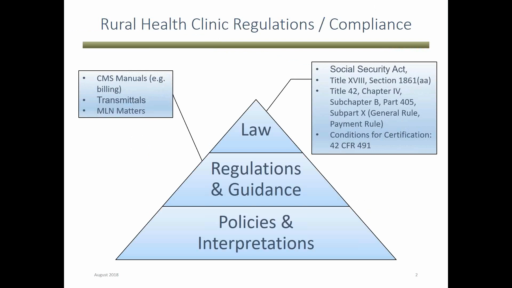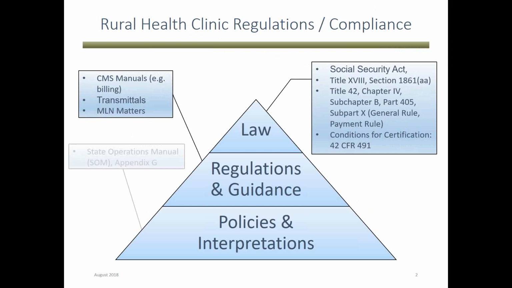Insofar as regulations and guidance, we essentially have three sets of materials. We have CMS manuals, we have transmittals that amend the manuals, and we have the MLN, or Medicare Learning Network Matters. That is a periodical that is published by the federal government that you may subscribe to.